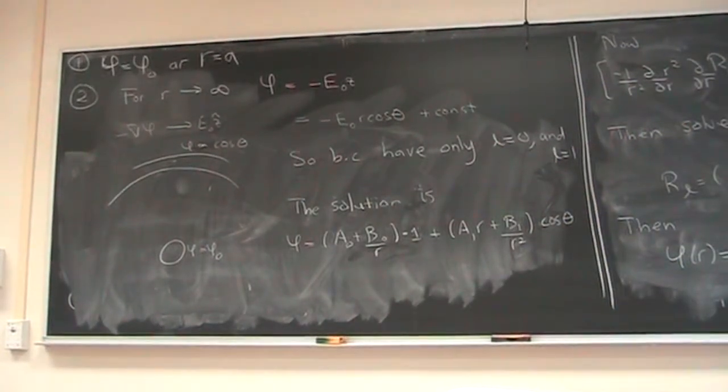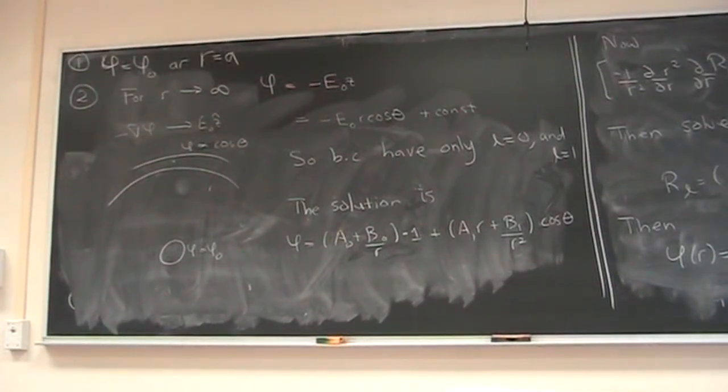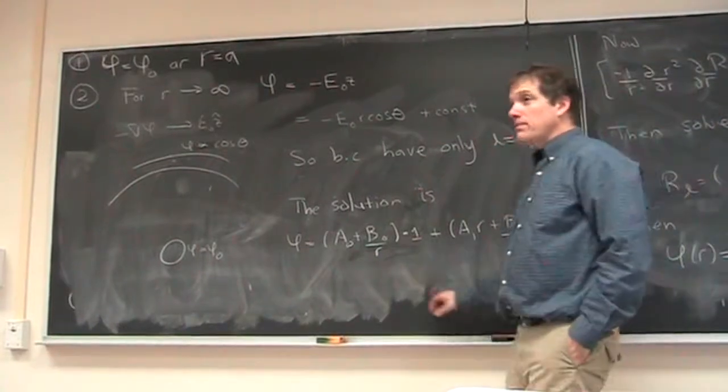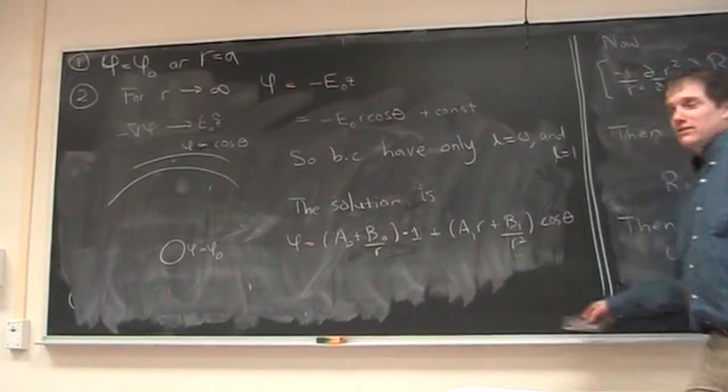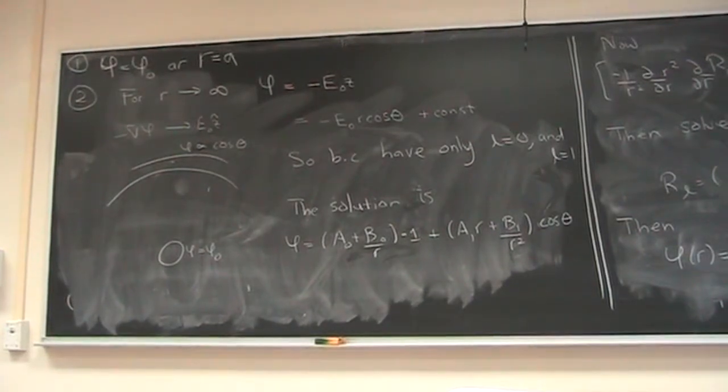So far things are looking much better. Now we need to adjust these constants to match all the boundary data. We already made some choices there, so let's do that.